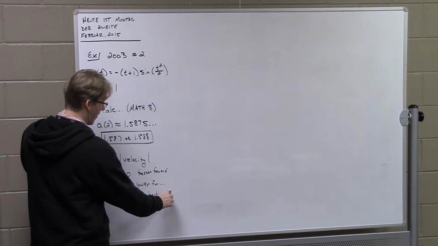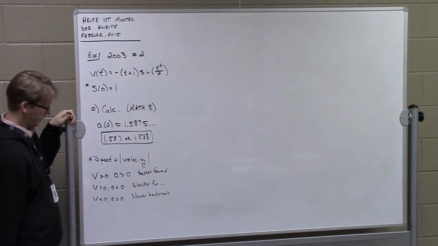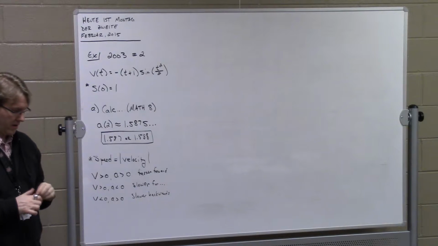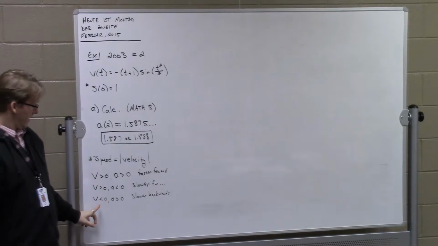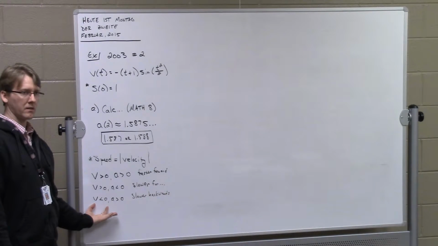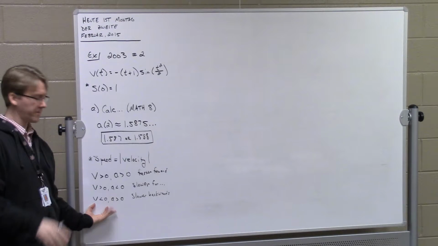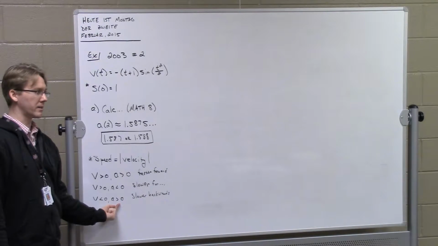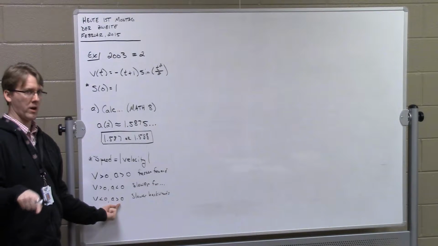Why? Because the acceleration is still positive, so it's still curving up. What does velocity negative mean? It's heading down, or left. Pick a number like -10. What does acceleration positive mean? It's curving up, so my velocities are going up.